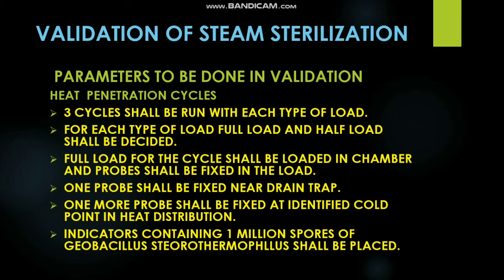In this also we need to decide what is half load, and as per half load we need to define the loading pattern, and in the same way we need to place the probes and biological indicators as we did in our loaded chamber cycles. So for each type of load we need to do a full load study of 3 cycles and a half load study of 3 cycles.